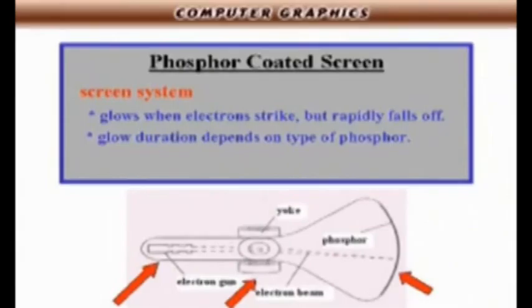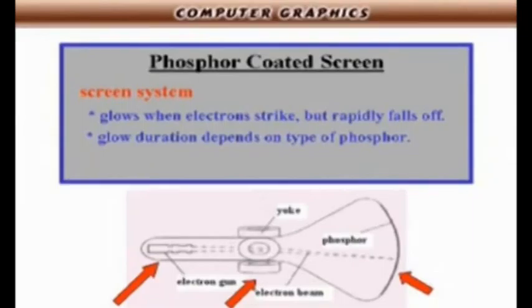CRT is a vacuum-filled tube basically consisting of three parts. 1. An electron gun. 2. A yoke or deflection system. And 3. A phosphor-coated screen. Electron gun. When a potential is applied to the electron gun, the electrons are generated, or a beam is generated, and that beam is directed by the yoke or the deflection system to the spot where we require on the screen.